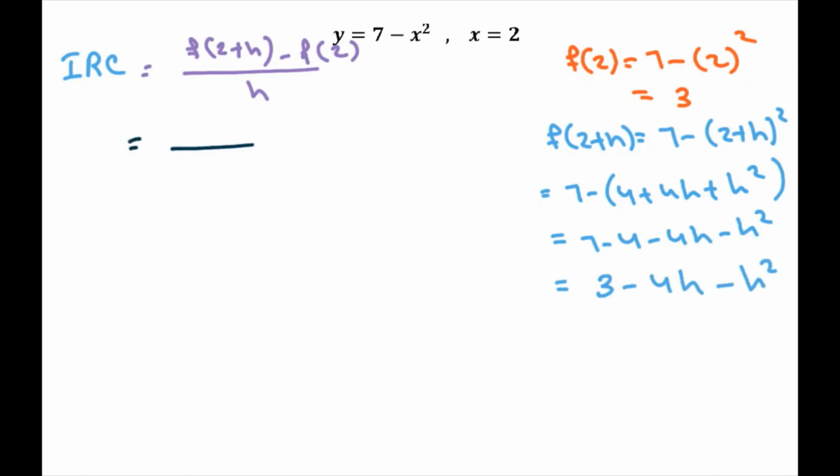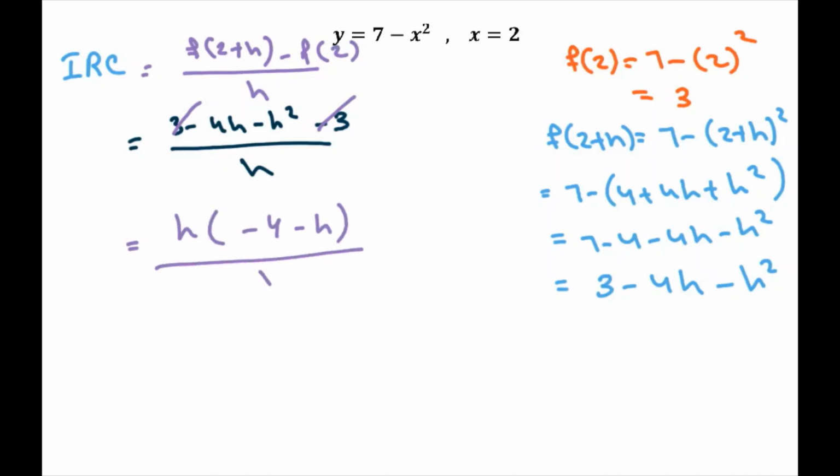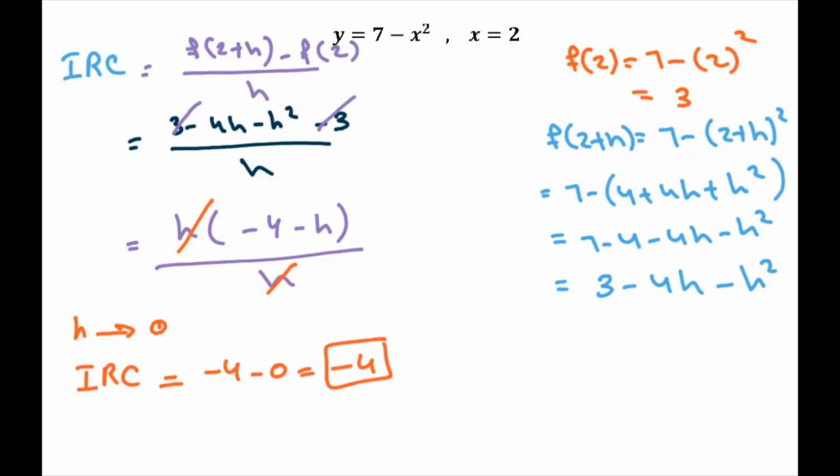Now we go here and substitute: 3 minus 4h minus h squared minus 3 over h. These two would cross out each other, and I'll take h as a common factor. Again, they will cross out each other. So now as h approaches 0, the instantaneous rate of change will be equal to negative 4 minus 0. That's equal to negative 4. That's my slope of the tangent.